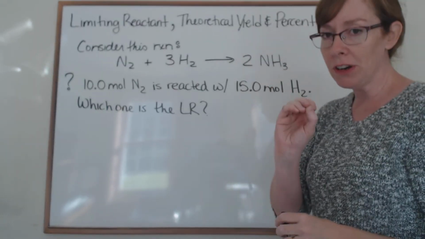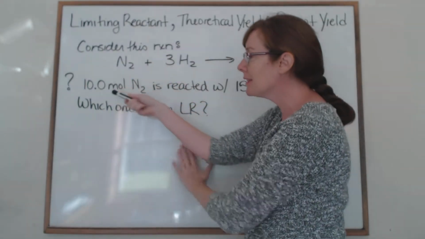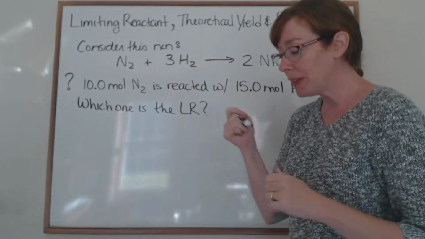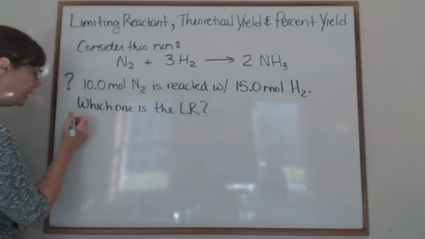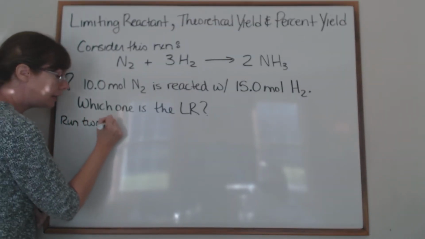So the first thing I want you to notice here is that in these limiting reactant questions, you're going to be given starting amounts of both. And so the technique, when you're asked to find a limiting reactant, is what I call run 2 tests.